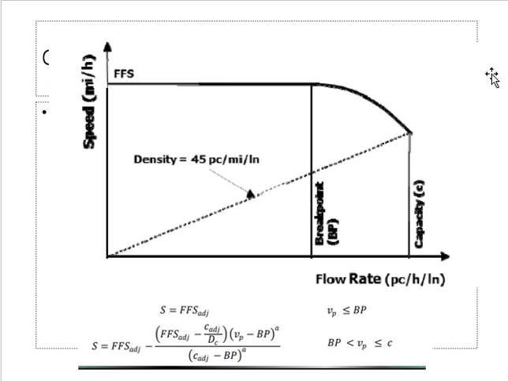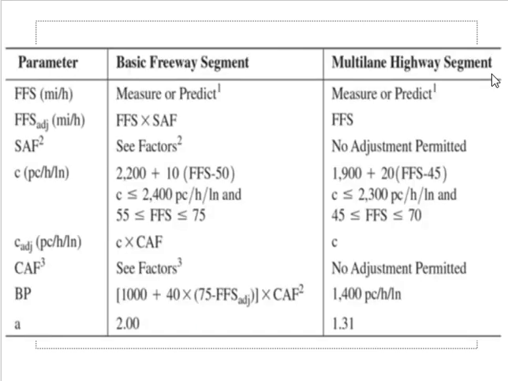What is the difference between these two parts? The breakpoint. How do I get the breakpoint? This is the equation for breakpoint. Clear? This is called the capacity adjustment factor.